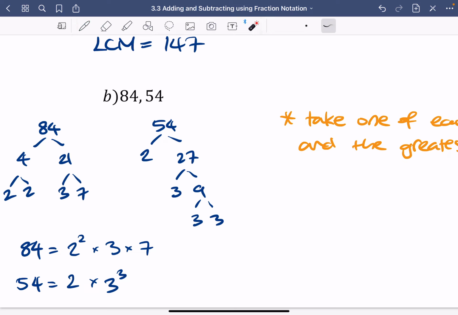Each number: we're going to look at 2's, 3's, and 7's. For the 2's, 2 squared and 2, which one's bigger? Of course, 2 squared is bigger, so we take this one. For the 3's, we have 3 and 3 cubed. 3 cubed is bigger. And for 7, because we only have one 7, that's the one we take.